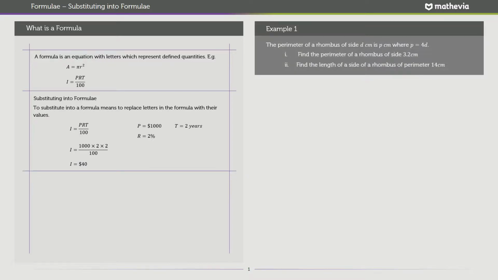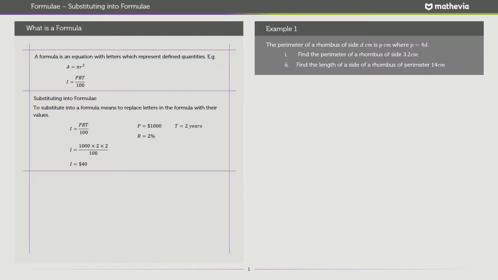Now, let's do some examples, okay? Example 1. The perimeter of a rhombus of side d centimeters is p centimeters, where p equals 4d. The perimeter of a rhombus is represented by the formula p equals 4d, where d is the side of the rhombus.